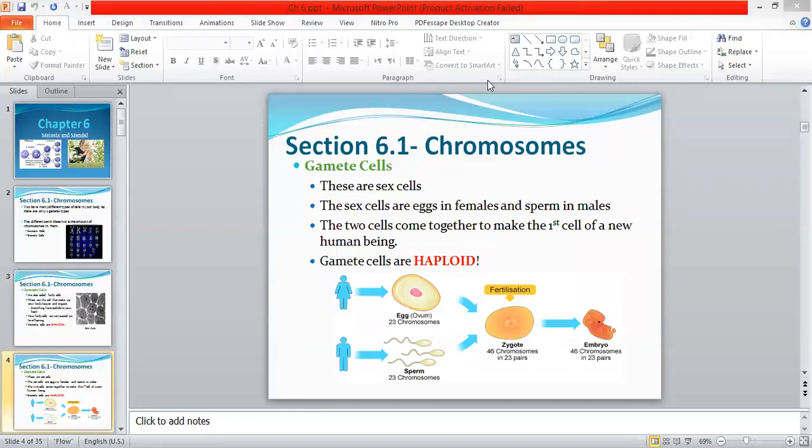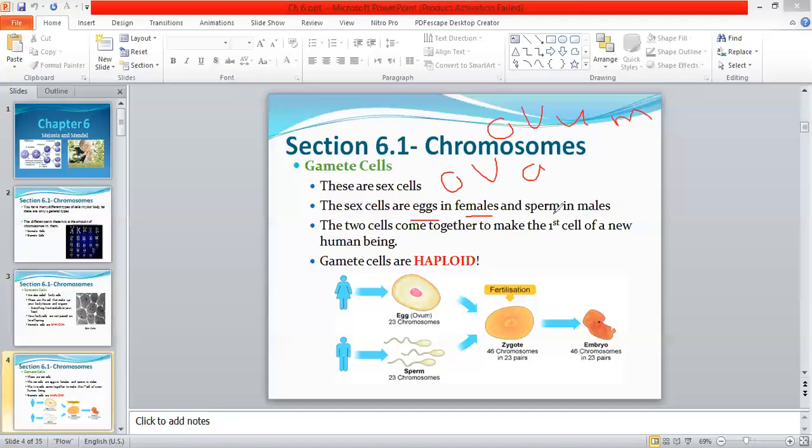About gametes, they are the sex cell, and firstly you must differentiate between the sex cell and the sex organs. In males the sex cell is sperm, in females it is ovum or eggs. In females, sex cell is called eggs or ova, the plural, or ovum, singular.